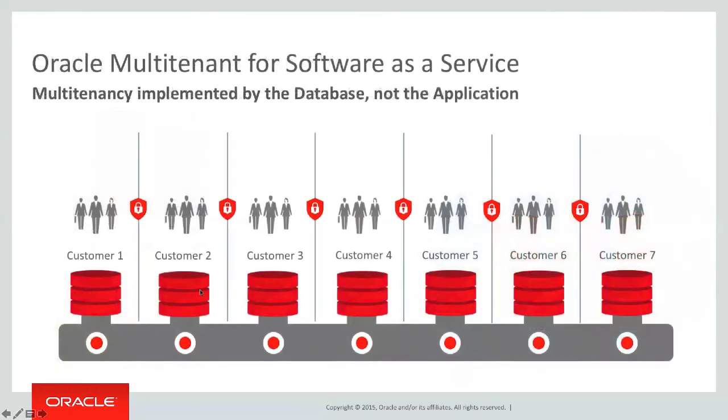Now, let's talk about another way of doing multi-tenancy. The way Salesforce does it, or NetSuite used to do it. The way Salesforce still does it is that they have the application deliver the multi-tenancy. They just have one big database, and everyone's data is sloshing around in that same database.